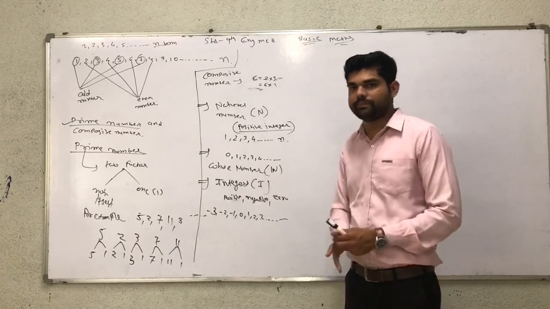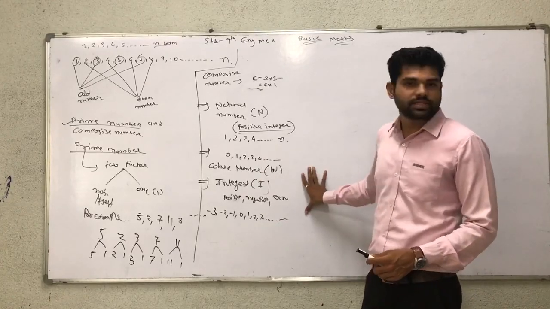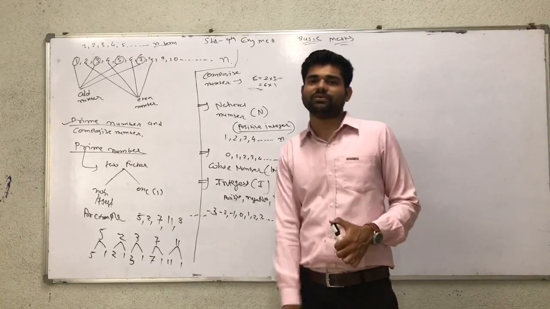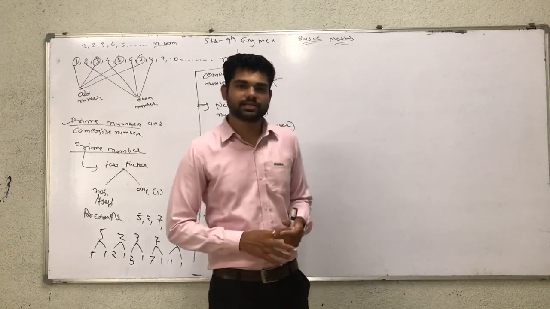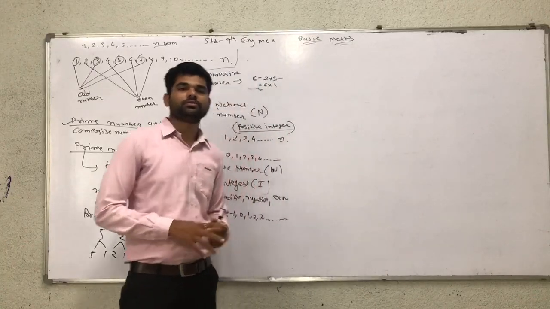So different names. This is the basic information about numbers. Now after this understanding, we have to study some simplification in the form of x.